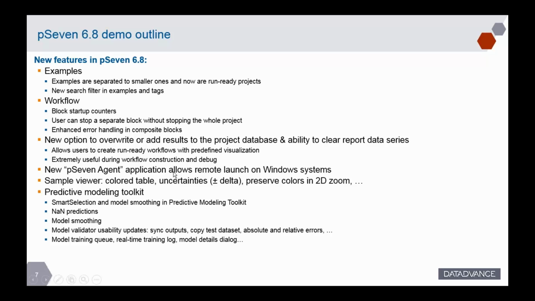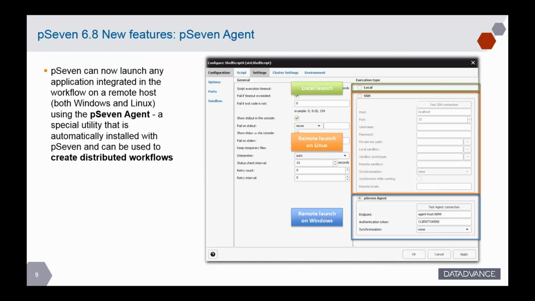Before this version, in 6.7 and earlier, we could run remote calculations on Linux machines using SSH. Here is the configuration of the block, and we could run simulation calls locally. We could launch the simulation on a remote Linux machine with SSH, or even with batch managers such as Slurm or Torque. But when you needed to run a simulation on a remote Windows machine, it wasn't possible, and now it is.